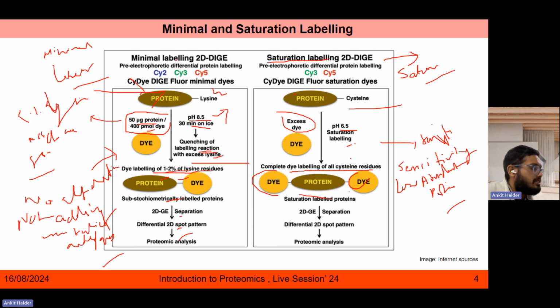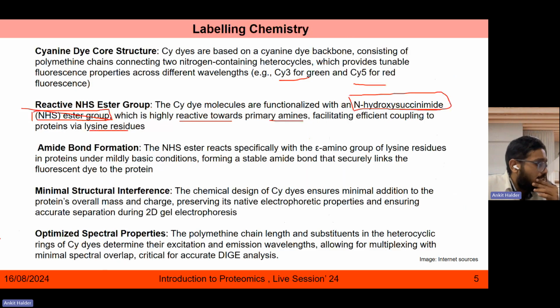That is a mildly basic condition, not a harsh one. In this mildly basic condition, the N-hydroxysuccinimide ester group is highly reactive towards primary amines, so it facilitates efficient coupling to proteins via lysine residues.